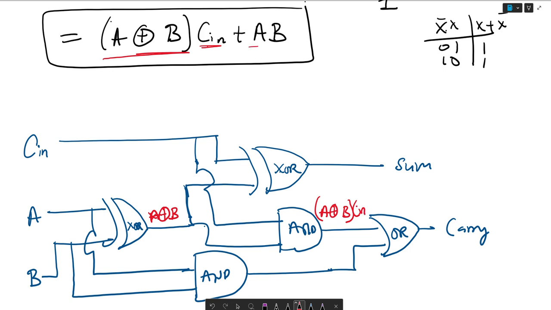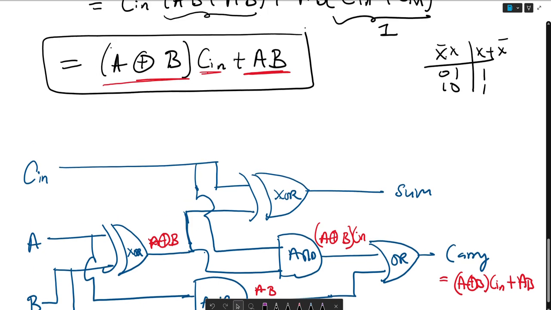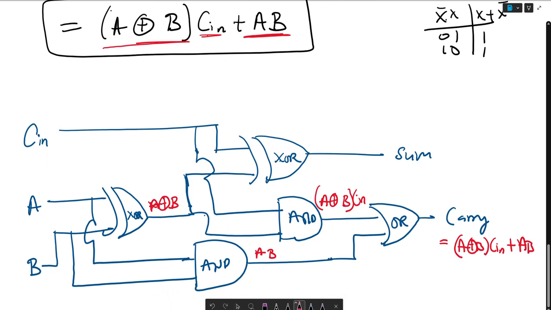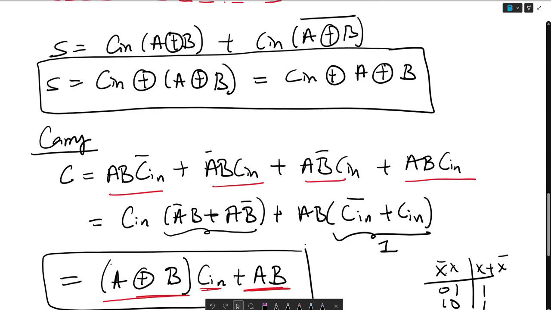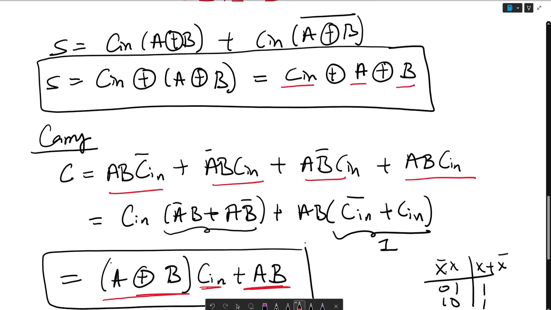And then lastly, we OR it with an A and B. So here's A and B. And this is essentially equal to (A XOR B) Cn plus AB. And for the sum, it's A XOR B, so right here. And we XOR that, A XOR B XOR Cn is equal to the sum. And we see that right here. Cn XOR A XOR B.